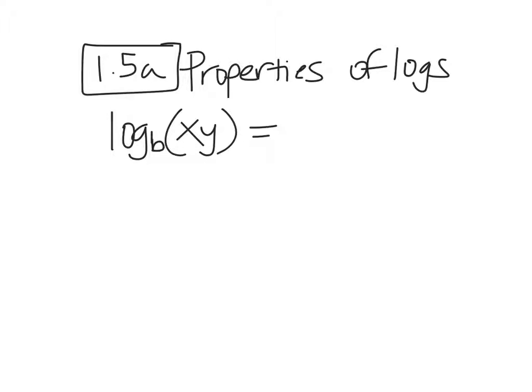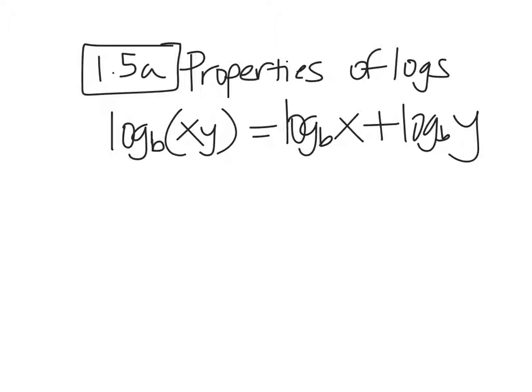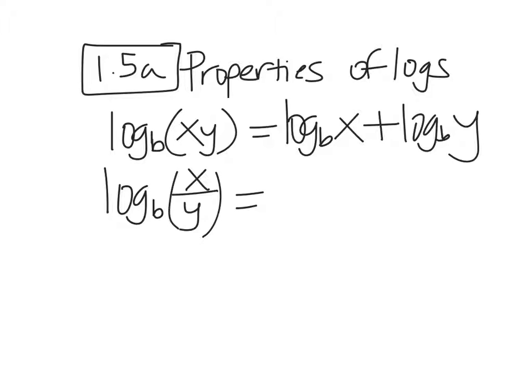You add them, which is why you do this to logs: log base b of x plus log base b of y. Do you remember that property? Okay, and then what do you do to exponents when you divide? You subtract them. Same thing with logs. Since logs are exponents, we're going to take log base b of x minus log base b of y.